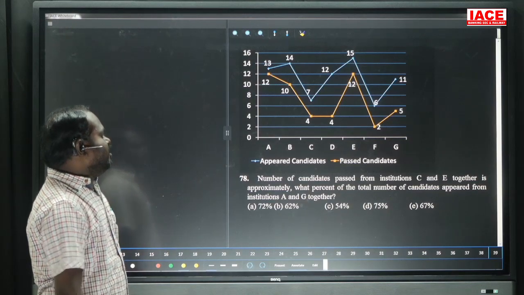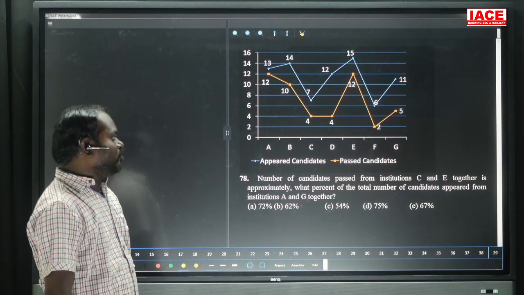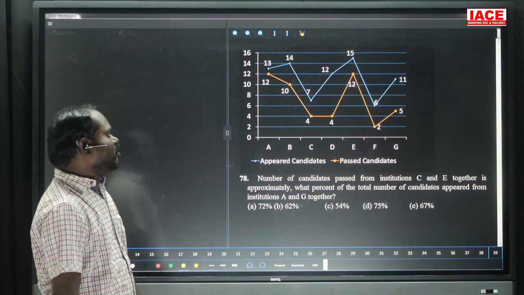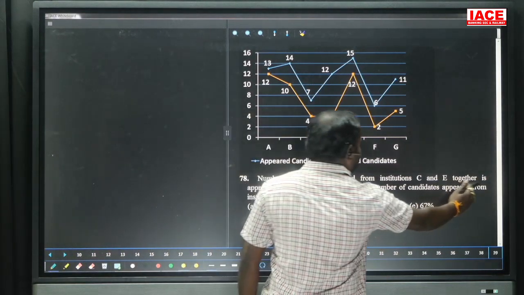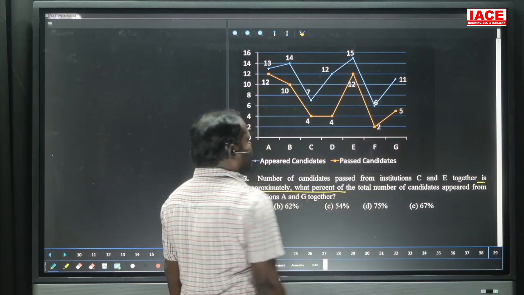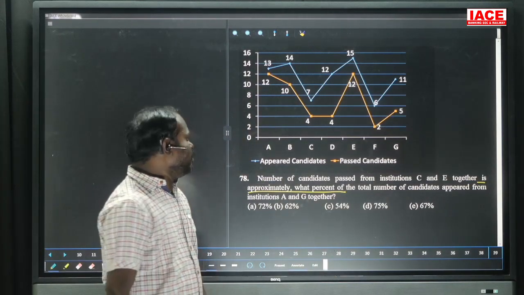78: the number of candidates passed from institutions C and E together is approximately what percent of something? 'What percent of' is nothing but 'is by of into 100'.